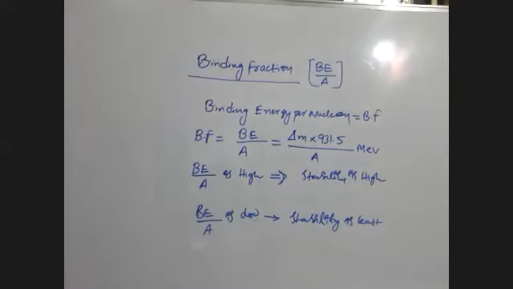Whereas in case of packing fraction, we have discussed, if packing fraction is low, stability will be more. If packing fraction is high, stability will be less. But here it is exactly opposite. If binding energy is more, stability is high. If binding energy is low, stability is least.